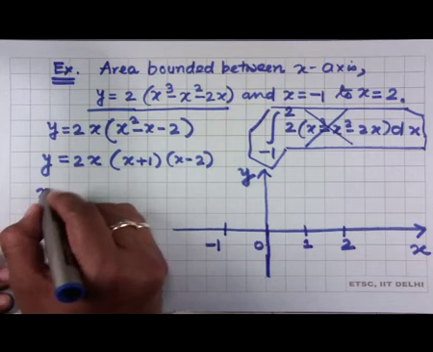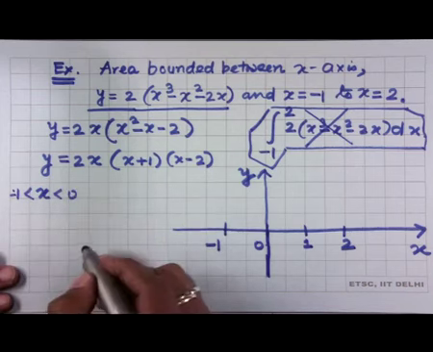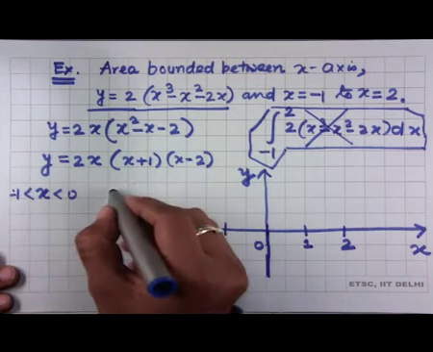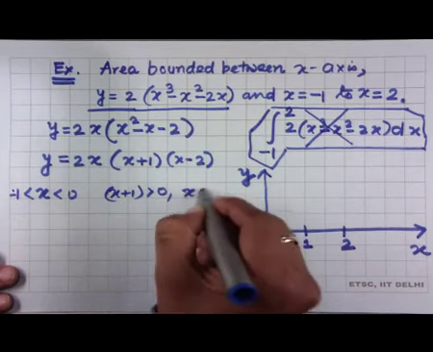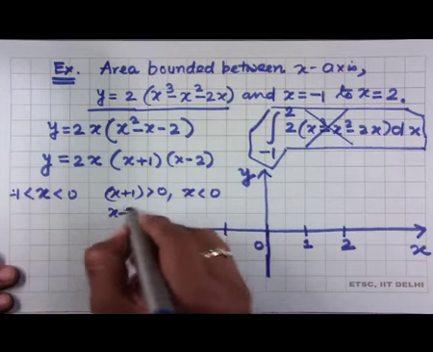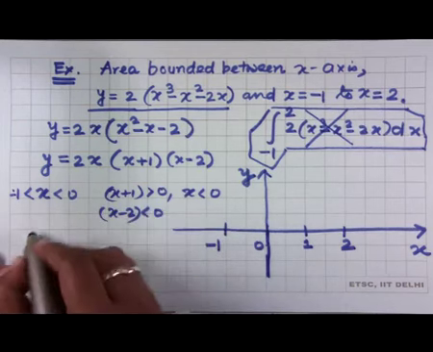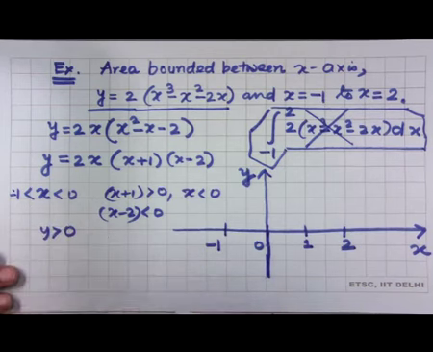Now, when x is between minus 1 and 0, x plus 1 will be positive, x will be negative and x minus 2 will be negative. So, y is positive.